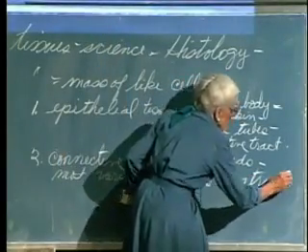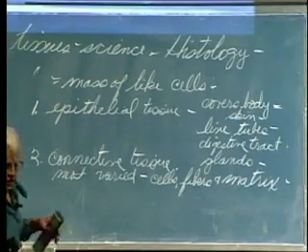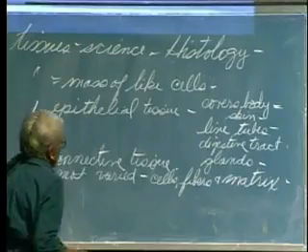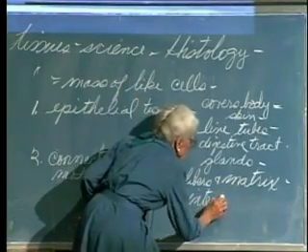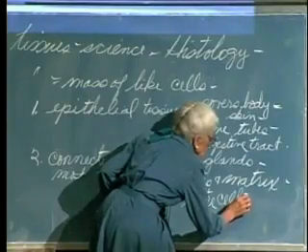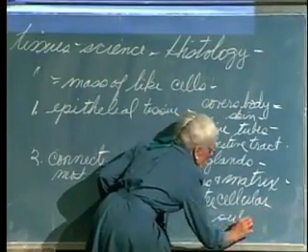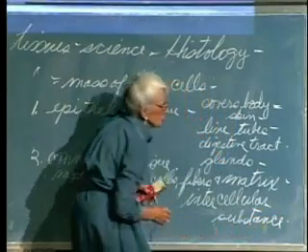The only word you perhaps don't know there will be matrix. What is matrix? It's the intercellular substance. The intercellular substance. So it's going to differ with each type of connective tissue.